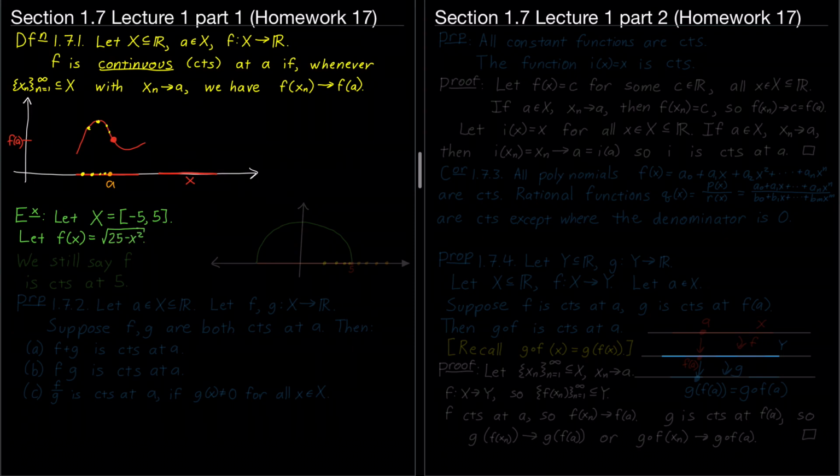And you probably remember what this looks like. Here is the graph of this thing. Here is our region X, and then the graph is a half circle that goes like that.